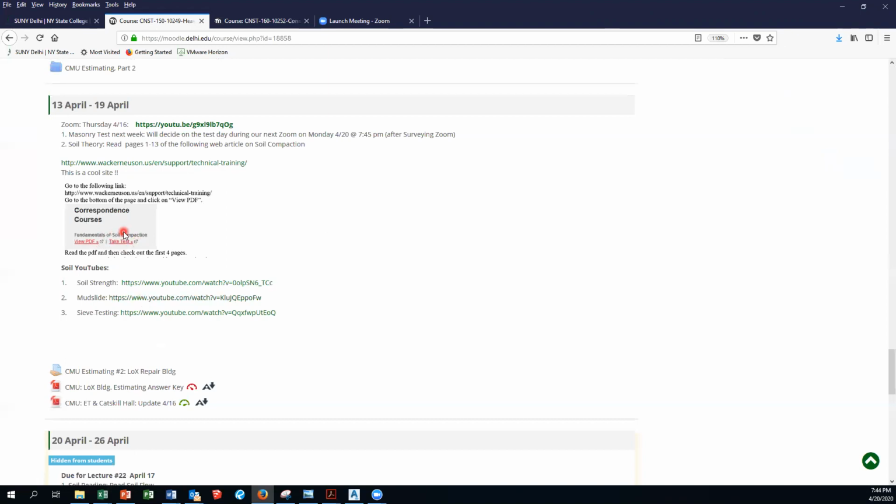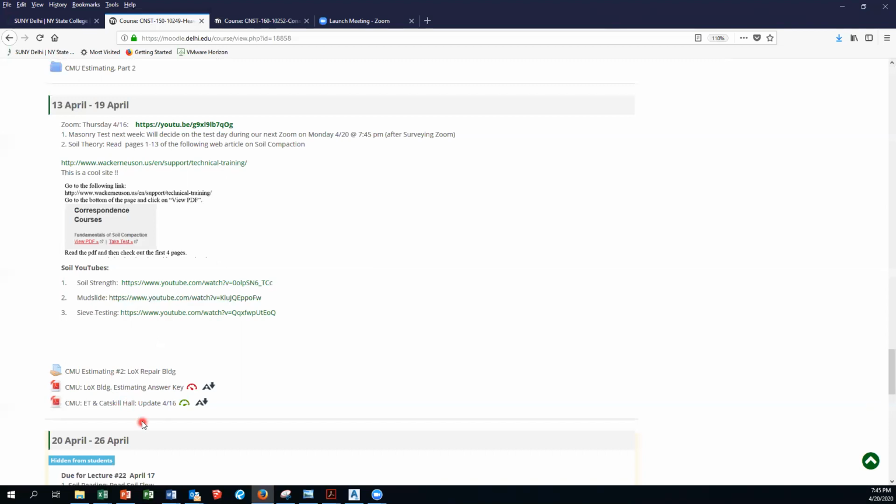There is no test. They must have taken the test off the web. So just read those first 13 pages. Gives you a really good introduction for soil mechanics. And then here's your CMU estimating that we did. You've got a lot of how-to PDFs on how to do that.